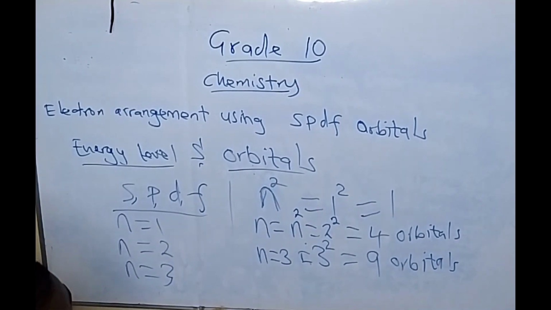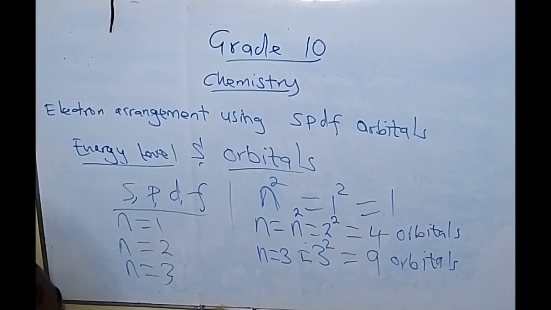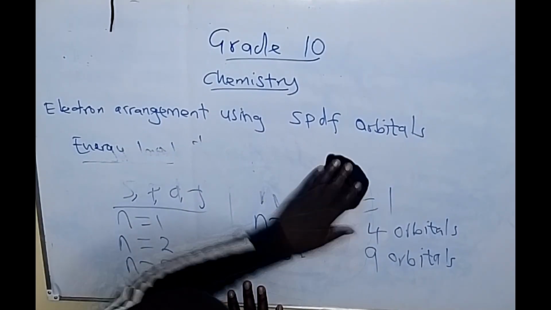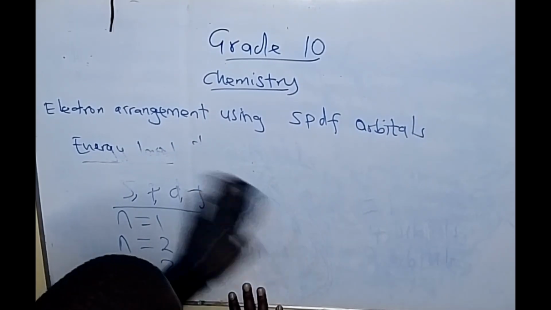I don't know if people are catching up. So when n is 2, how many orbitals? We are saying there are 4 orbitals. So let's look at this one.